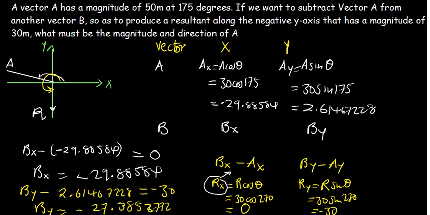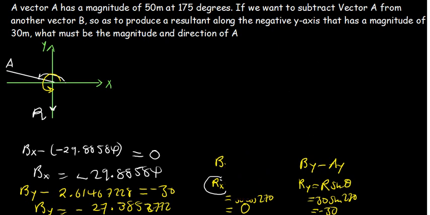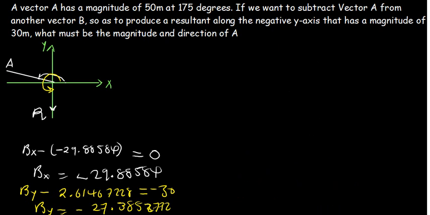All right, so we have found the components of the vector b that we are supposed to subtract from the vector a. Now that we know the components, we should now find the magnitude and the direction.